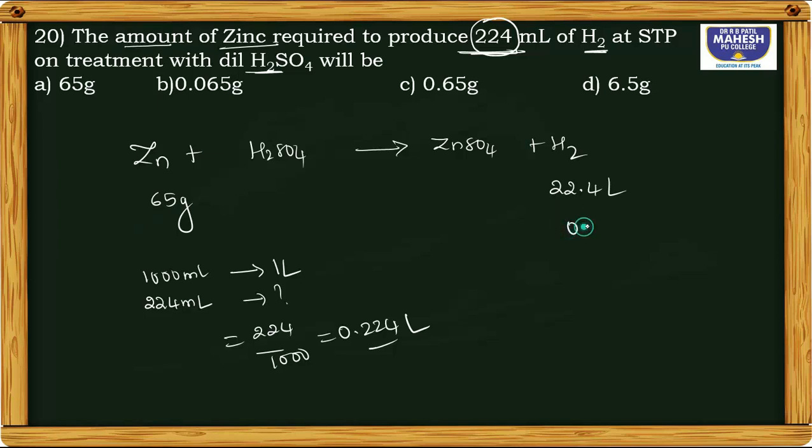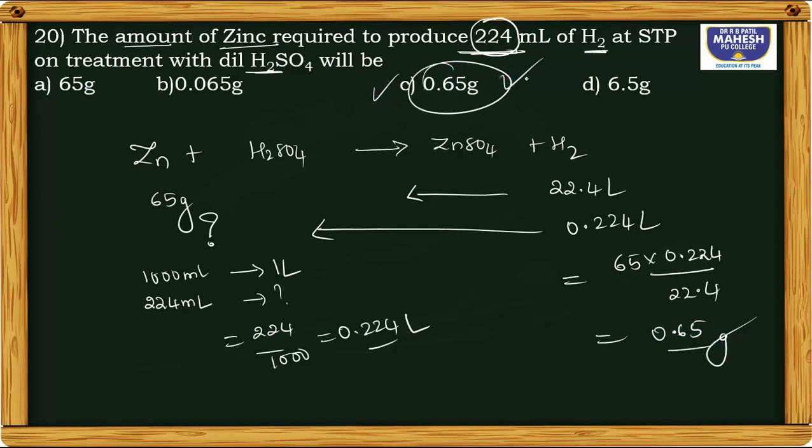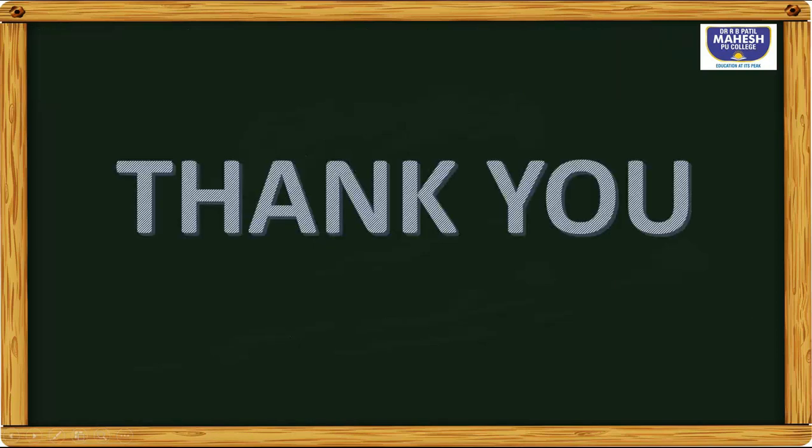Okay, so here I have 0.224 liters. 22.4 liters is produced by 65 gram of zinc, then 0.224 liters of hydrogen is produced by how many grams of zinc? So it is 65 into 0.224 divided by 22.4. When I do that, this comes out to be 0.65 grams. Option C is the correct answer. Thank you, students.